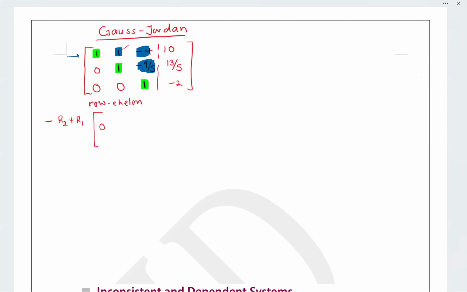So here is our fixed 1. This is minus 9 over 5. And here is 13 over 5, right? Okay. Now, what we need to do now is apply this one. So here will still remain 1. Here will become 0. So minus this is what?